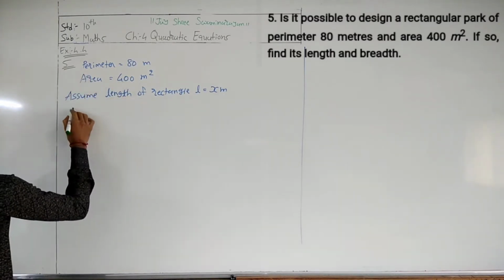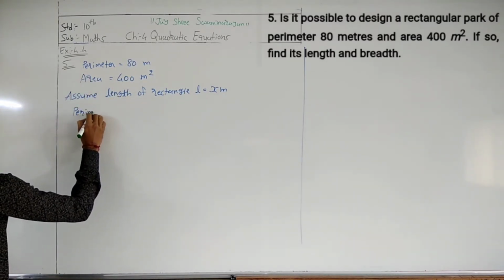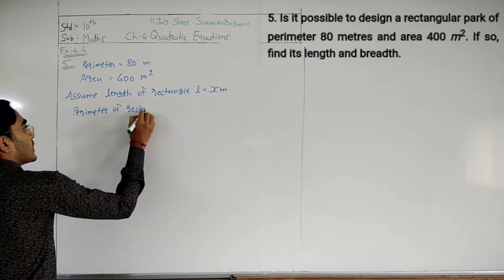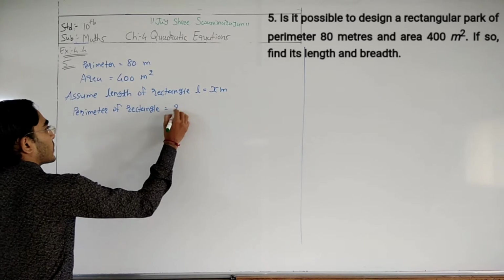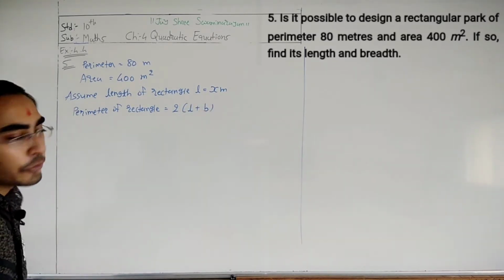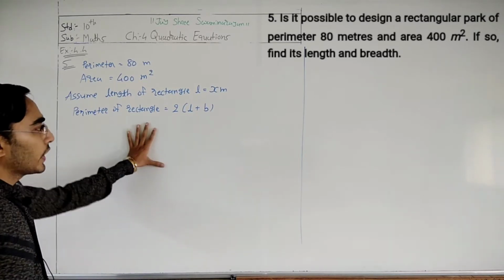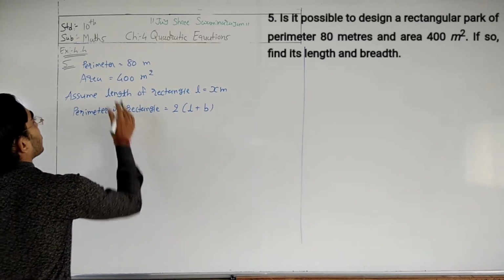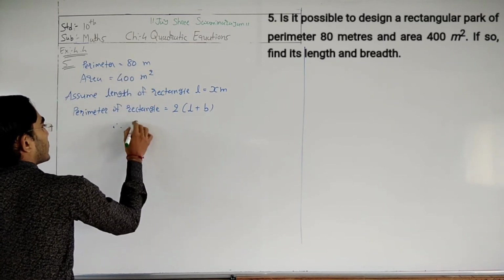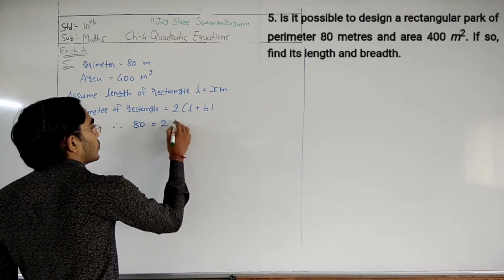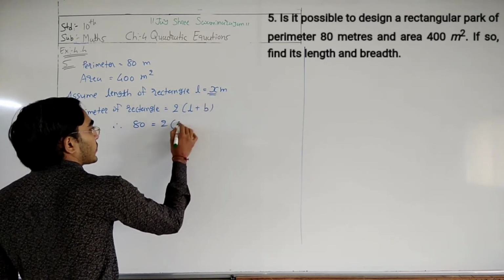So what is the formula for perimeter? Perimeter of rectangle is equal to 2 multiplied by bracket L plus B. Now perimeter is equal to 80 meter, so 80 equals 2 in bracket L, and your L is x.